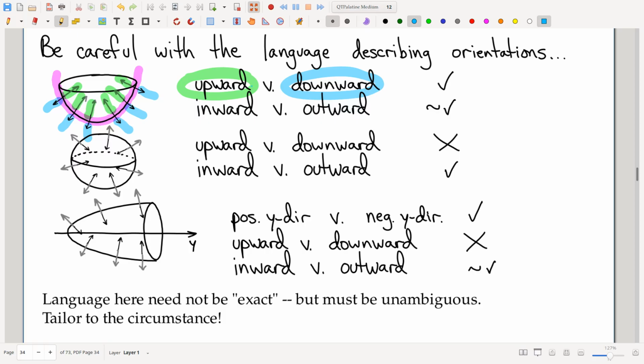The blue vectors are all at least somewhat downward and not in any sense upward. So saying upward is unambiguous. And that's the point, right? For the purposes of stating the question, saying oriented upward gives you all the information that you need to answer the question. Completely clearly describes you want the green orientation, not the blue one.